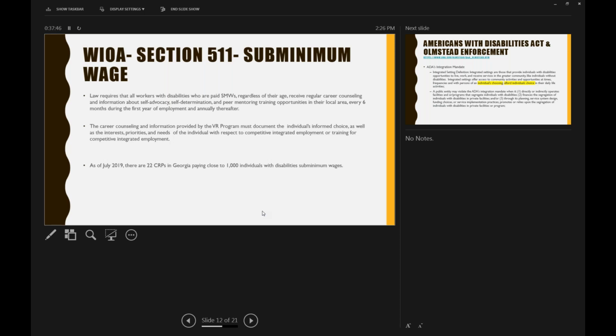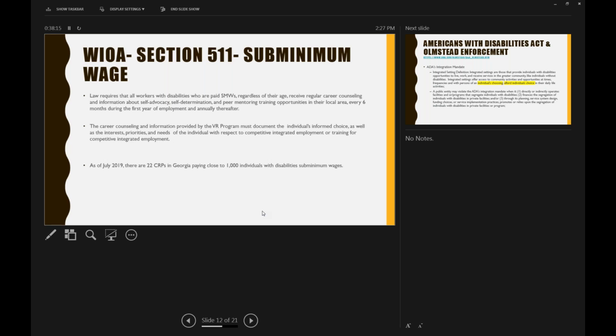As of July of 2019, which is the most recent data available on the Department of Labor's Wage and Hour website, in Georgia, there are currently 22 community rehab programs paying close to 1,000 individuals with disabilities subminimum wages. Now, here in Georgia, we've done well reducing the number of CRPs with these subminimum wage certificates, which is also referred to as 14C.